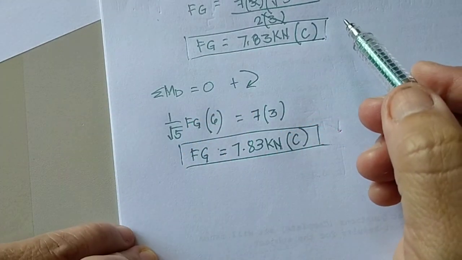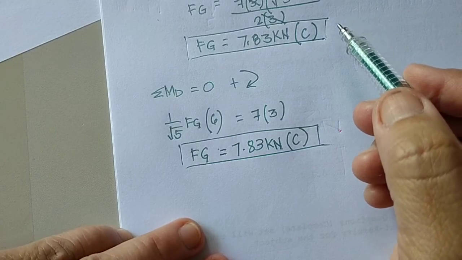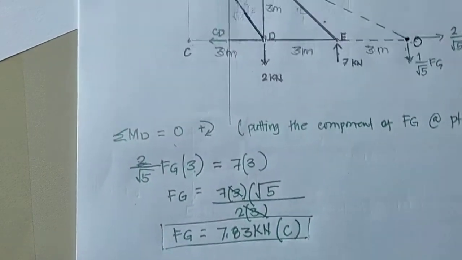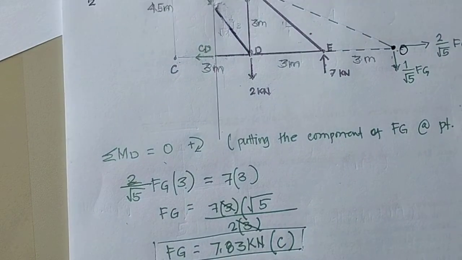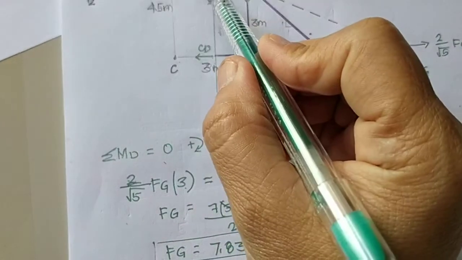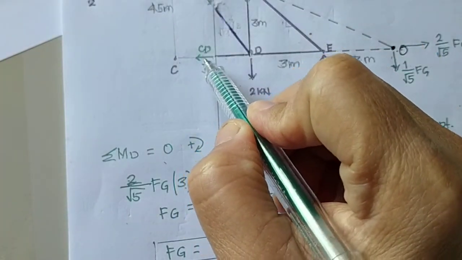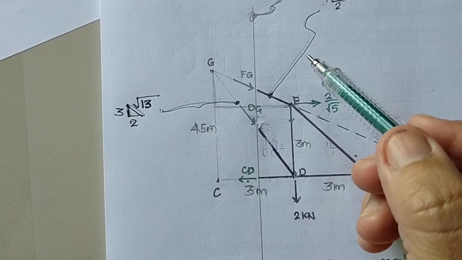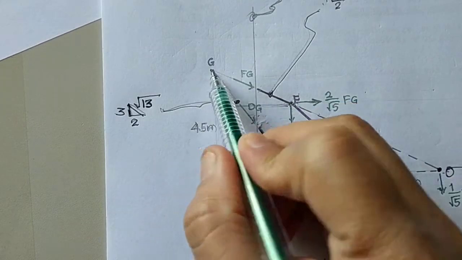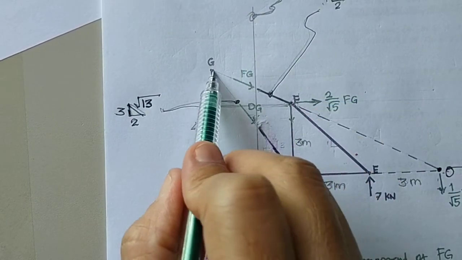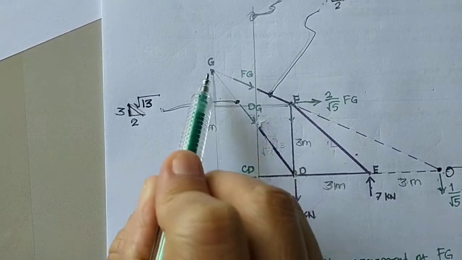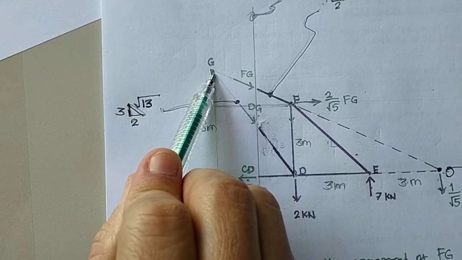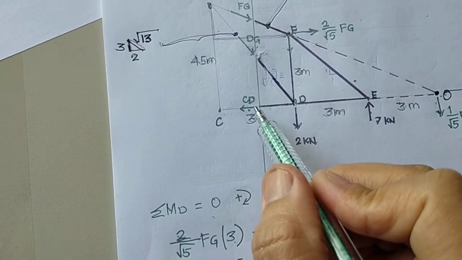Okay, let us find the value of the other members, DG and CD. So this time I will place my summation of moment at point G. Because FG is concurrent with this point and DG is concurrent with this point, I will solve the value of CD.